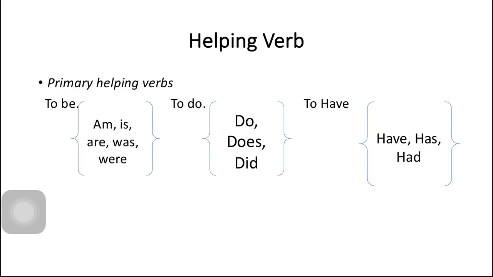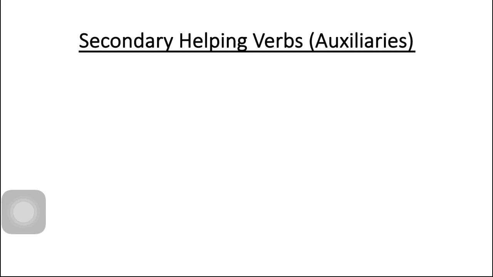For example, in the examination they give a two or three line sentence with a dash, and next to it a verb in brackets. We should attach the helping verb and change the main verb to its third form, and that will be the answer. So I strongly recommend that second year students focus on the primary helping verbs.